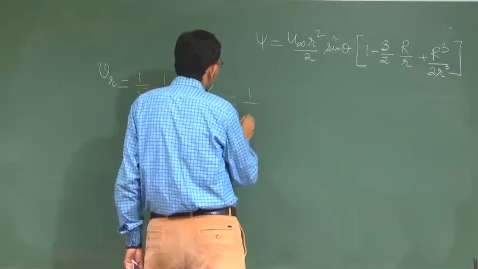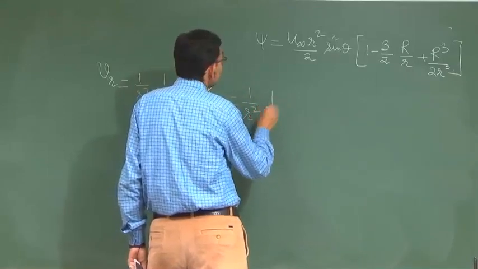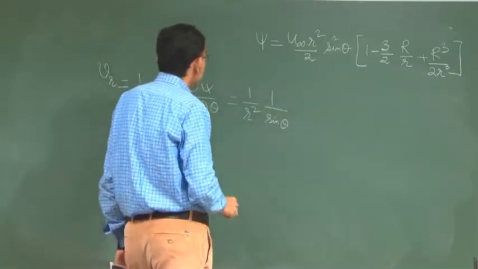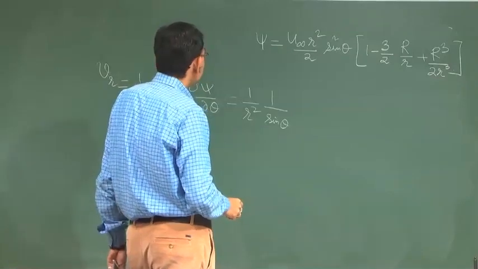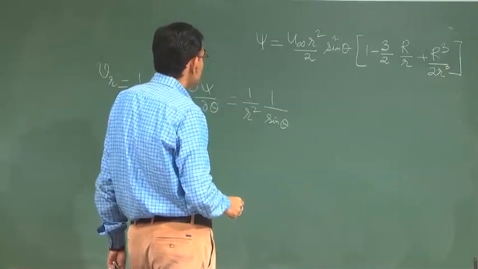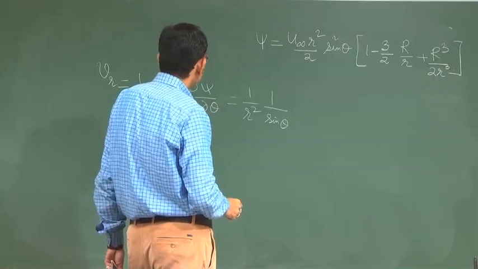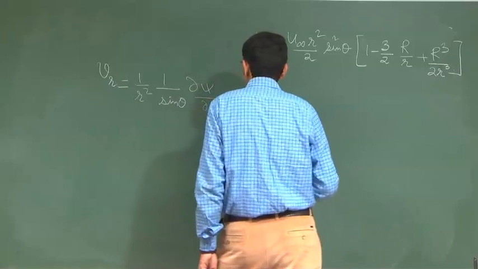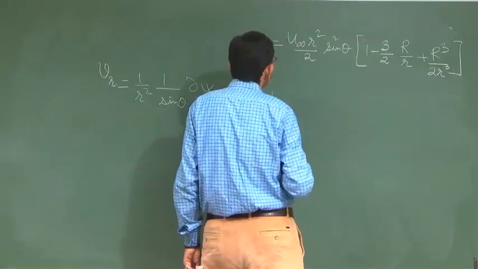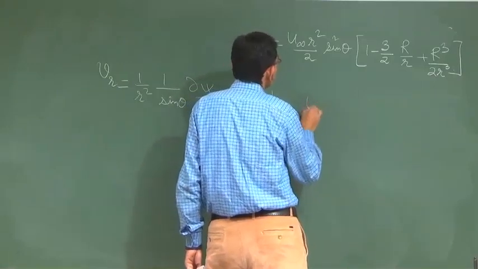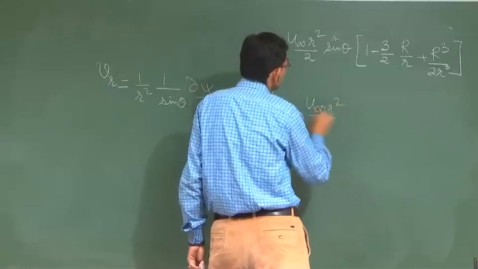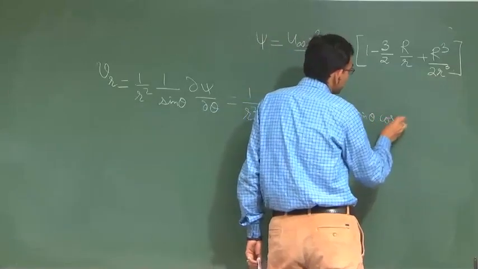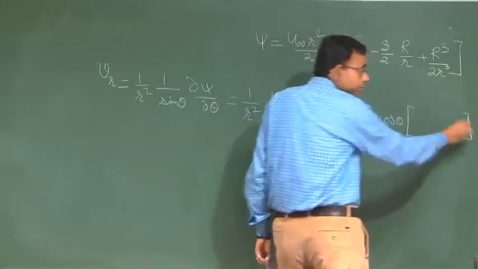So 1 by r square into del psi del theta, into this term in the box, right.